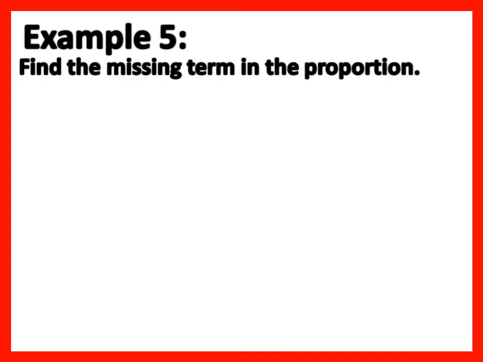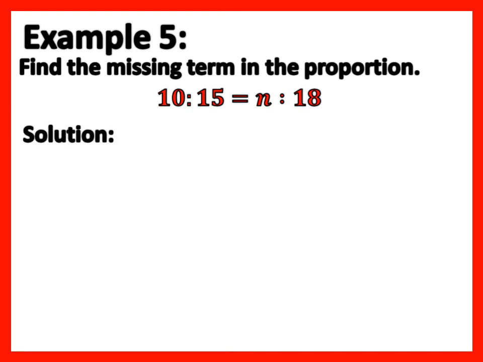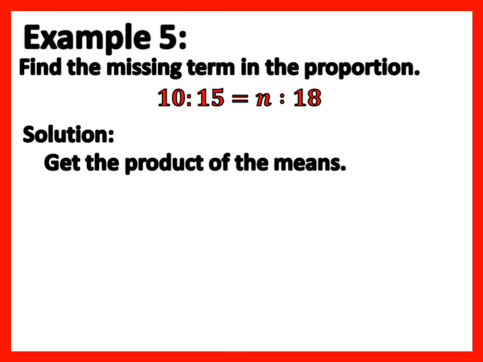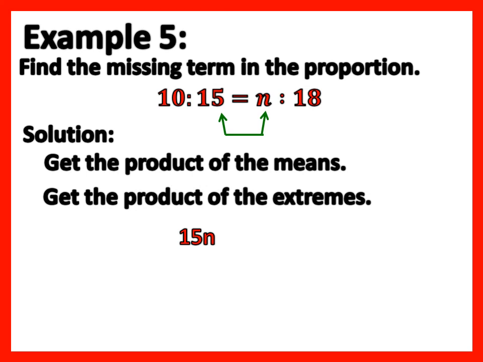Example number 5. Find the missing term in the proportion 10:15 equals n:18. So to find the value of n, or the missing term, we need to get the product of the means. Again, the means are 15 and n. 15 multiplied by n, we will get 15n. And then, get the product of the extremes.